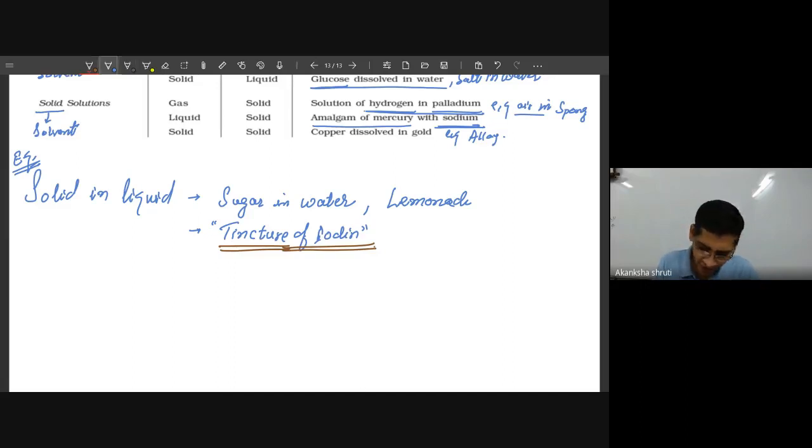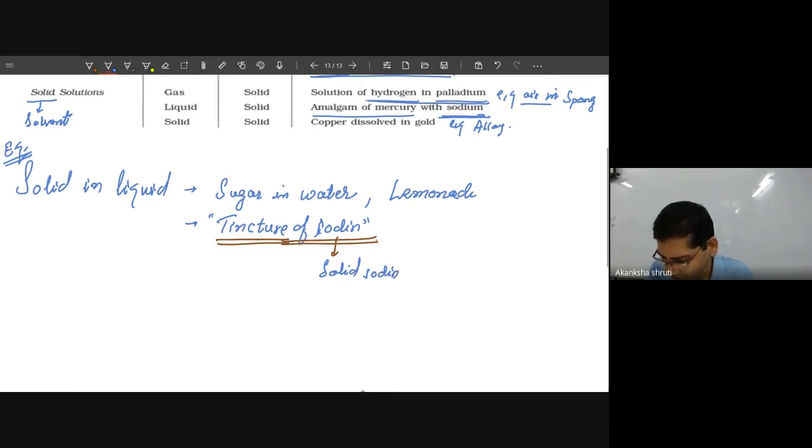So this iodine is existing in the solid phase, solid iodine particles.